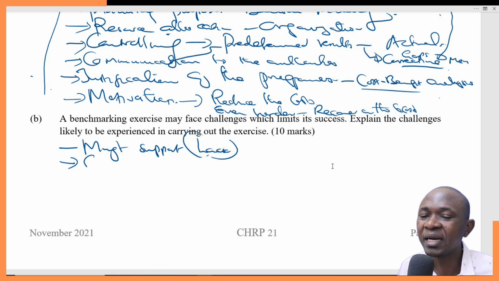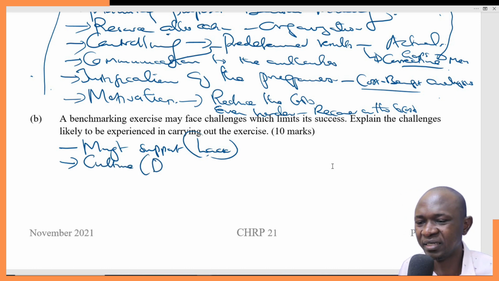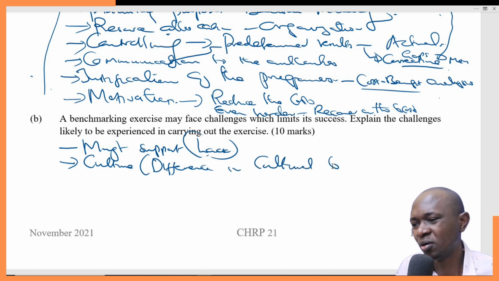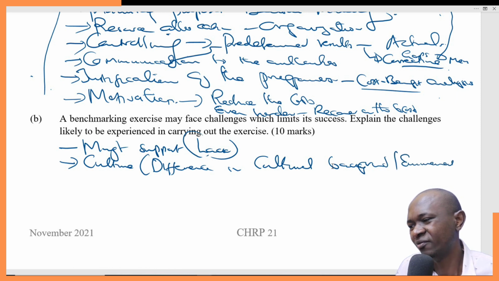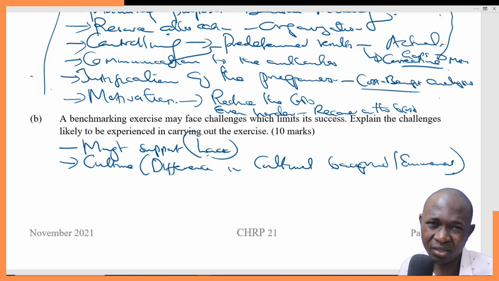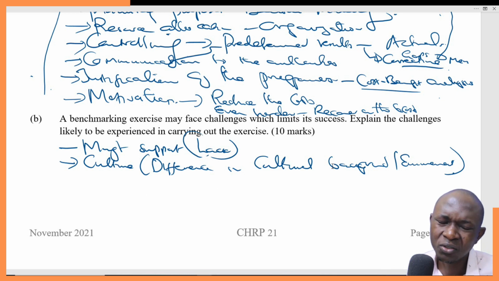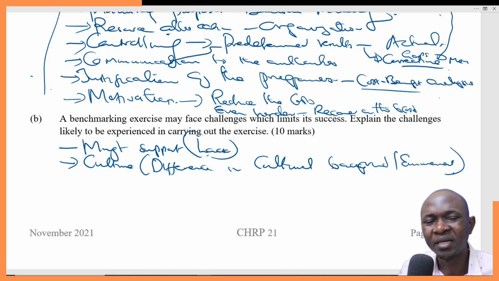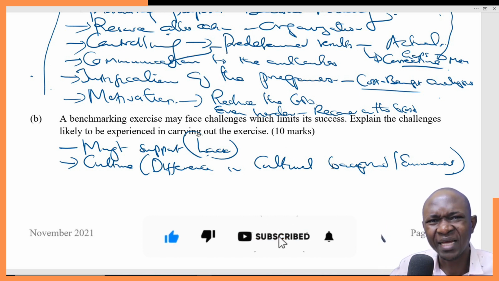And then culture, difference in cultural backgrounds or environment. Operational environment. Difference in operational environment. You go do benchmarking in another country, they have different laws, they have a different political system altogether, their economic factors are totally different from your economic factors, their culture and upbringing are different from yours.